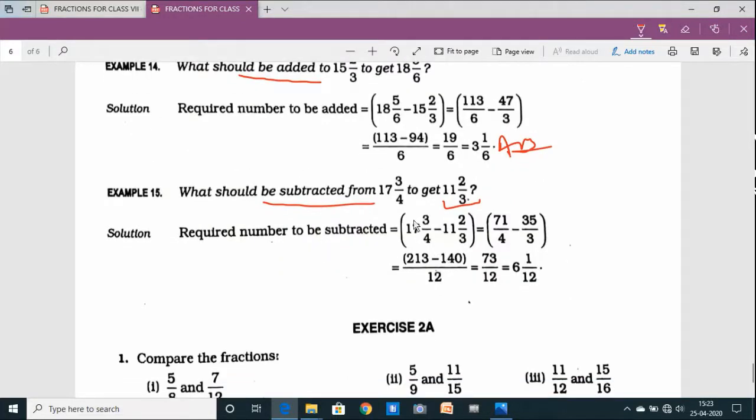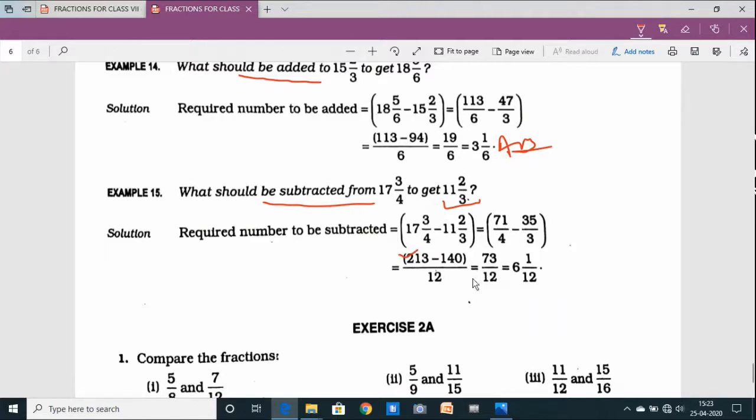So 17 whole 3 by 4 minus 11 whole 2 by 3. These are mixed fractions, so make them improper fractions. After that, 4 and 3 have different denominators, so take the LCM, which is 12. 12 divided by 4 gives 3, and 71 multiplied by 3 becomes 213.